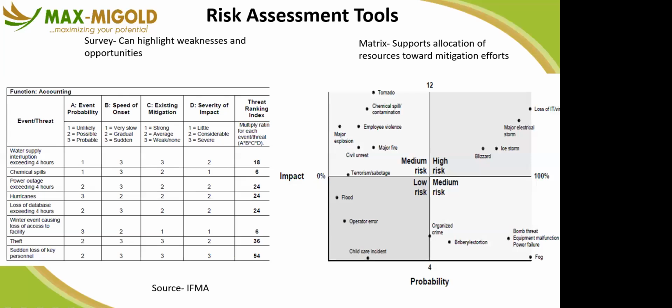But if you look at sudden loss of key personnel, it is different. That means maybe the tax expert or the accounting expert just died suddenly. Then that's actually a major problem for them. The honest truth is, if they have to base their decisions on this, they need to ensure that the higher numbers are given close attention and are prioritized.